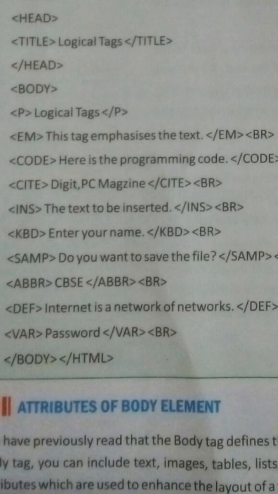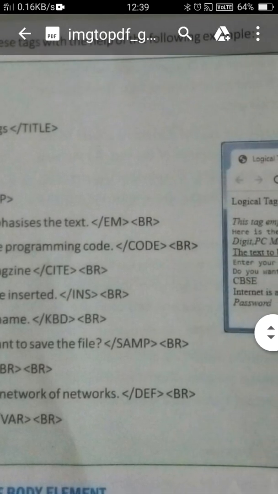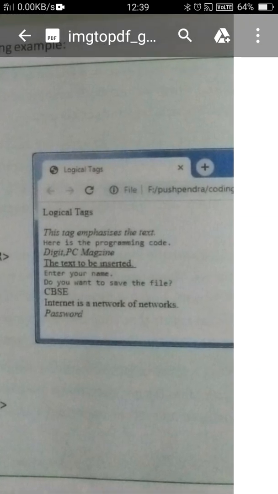Variables are presently not in your syllabus, but if you want to show text as a variable, then the var tag can be used. Showing you the program. It's the web page of that program.